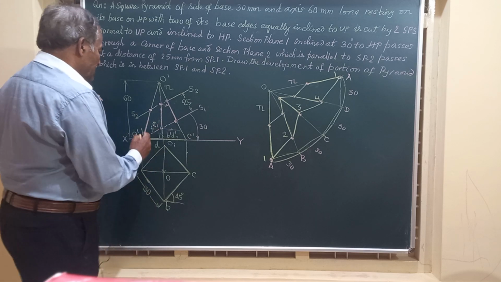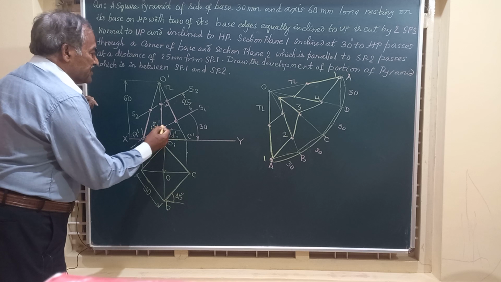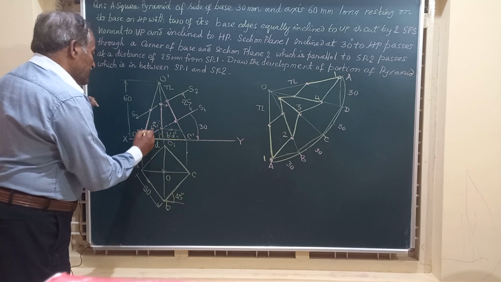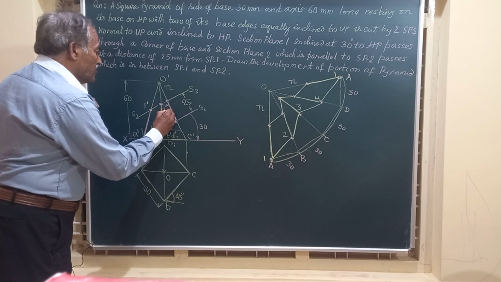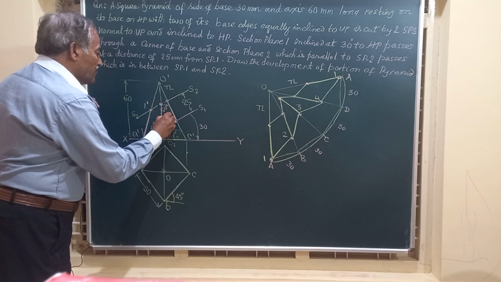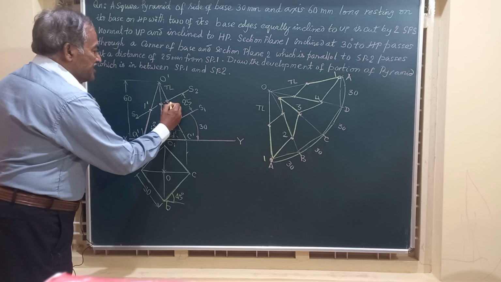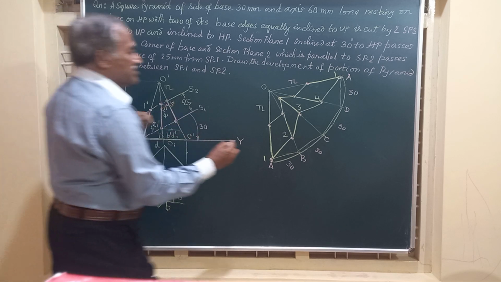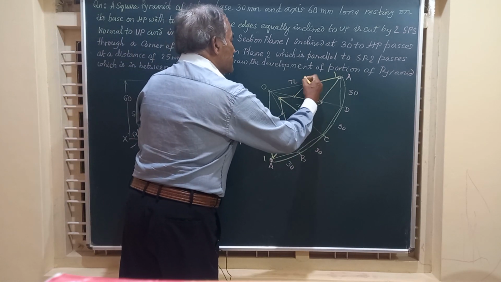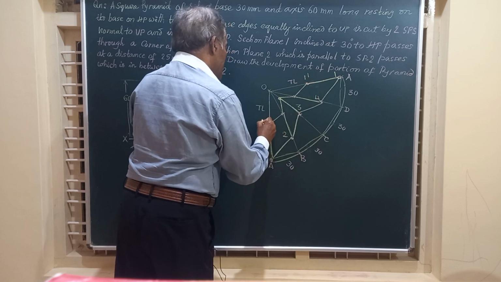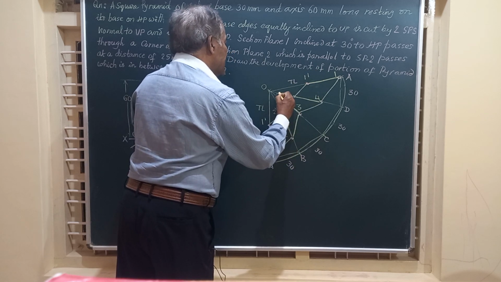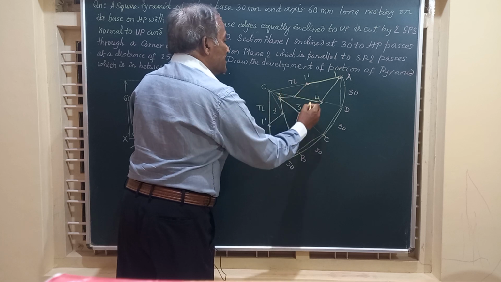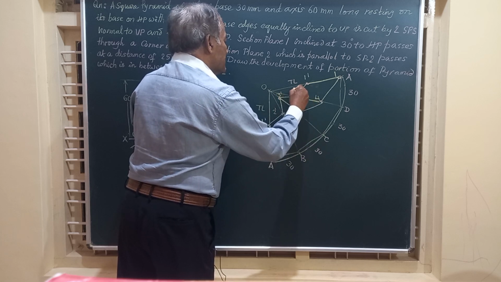Similarly, for this we can call them by the same numbers with dashes. So this is going to be 1 dash. This is 2 dash, 4 dash, and this is 3 dash, 3 dash. This is 1 dash, this is 1 dash, this is 2 dash, 3 dash, and this is 4 dash.